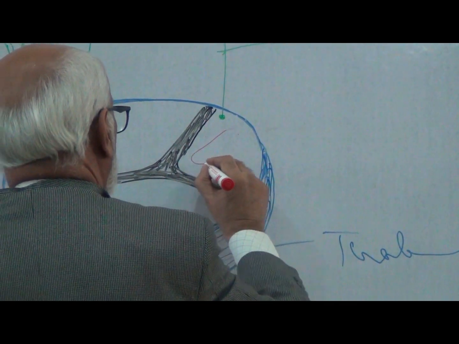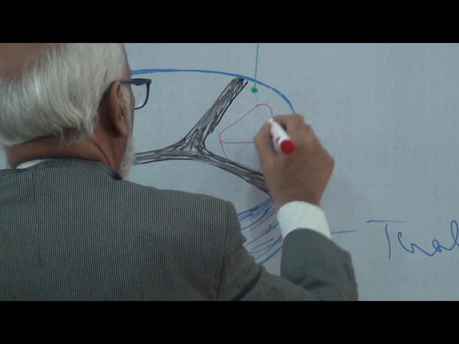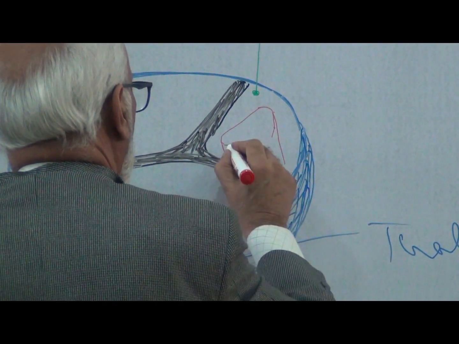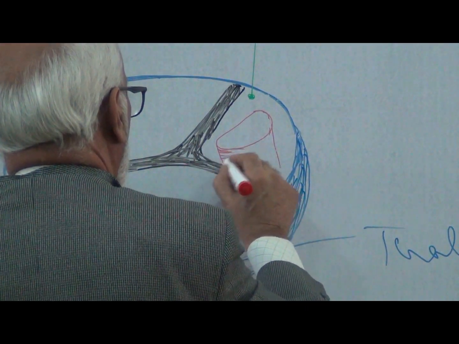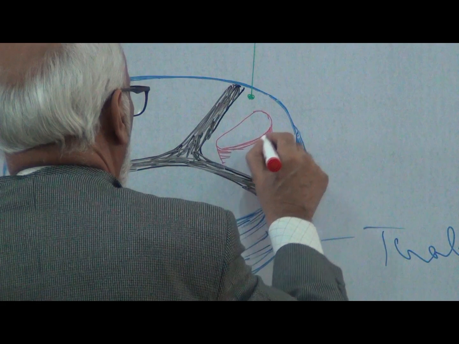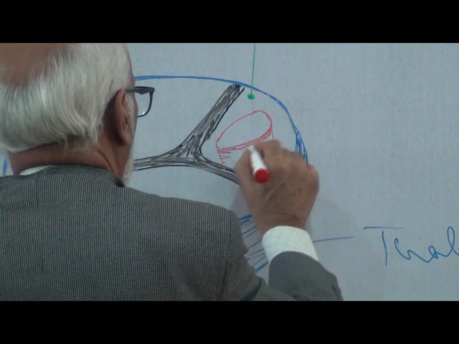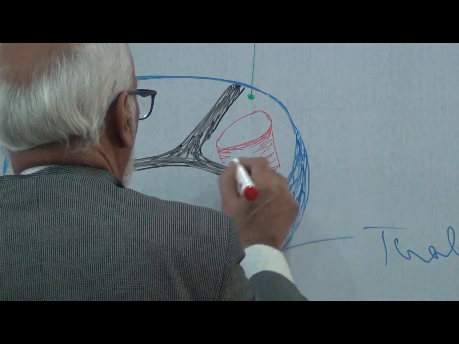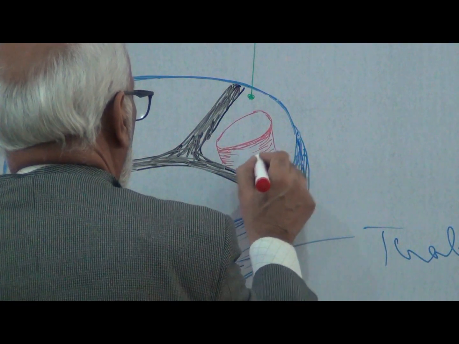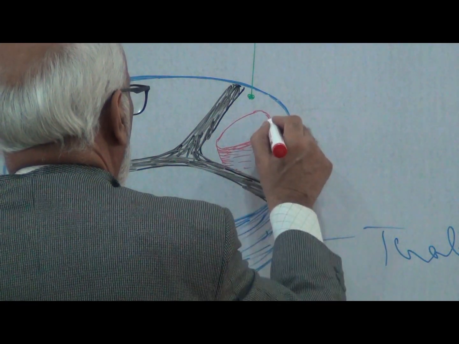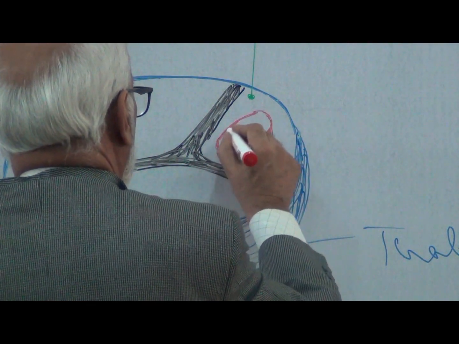Suppose this is a section through the nucleus, a nucleus embedded in the anterior part of the thalamus.